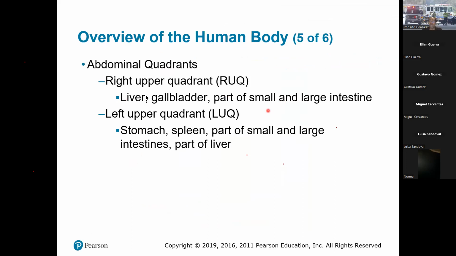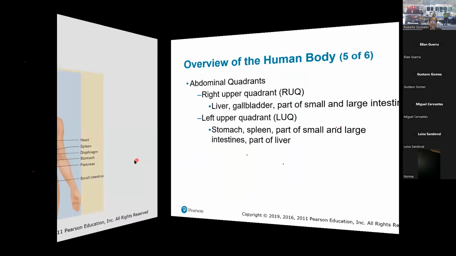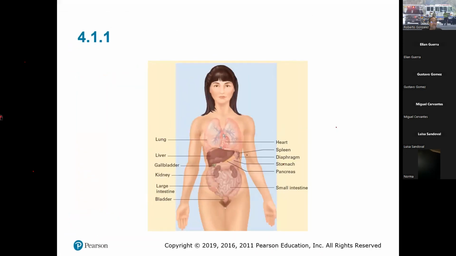Abdominal quadrants. We use these quadrants to define injuries or the locations of certain organs. You have the right upper quadrant. Find the belly button, let's say the belly button's right here, and basically divide it in two, giving 4 regions, which are the quadrants.